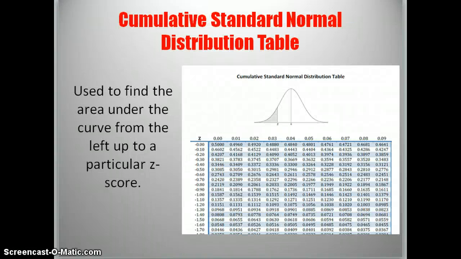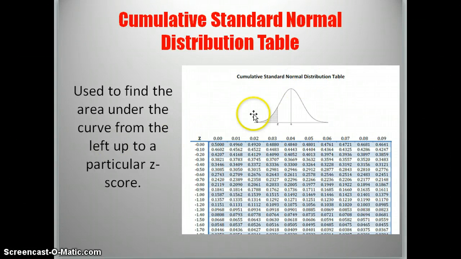Now this table, which comes in your text, is used to display different areas for different Z-scores. The table is much larger than what you see in the slide. This is just a small snapshot of it. For each particular Z-score, it tells you the corresponding area to the left of that Z-score.